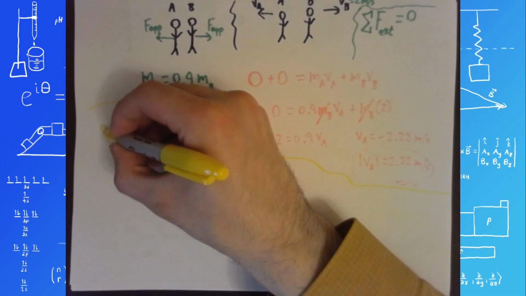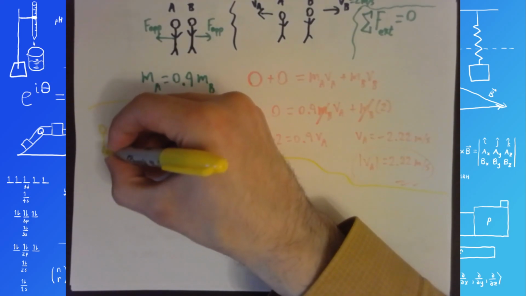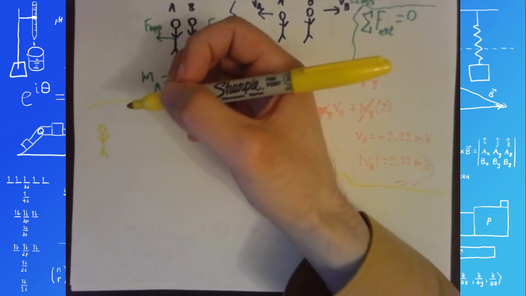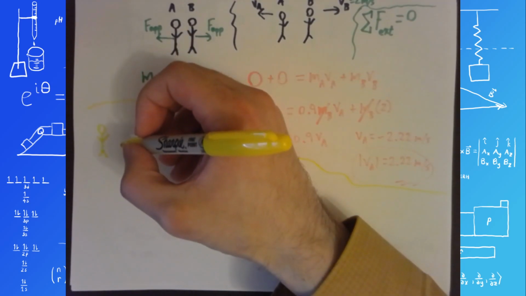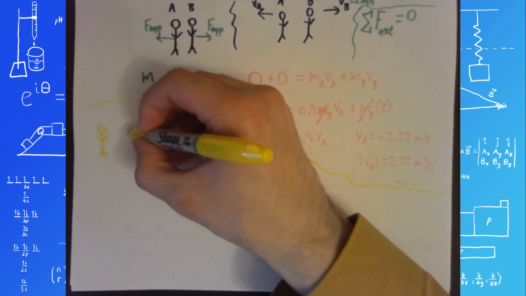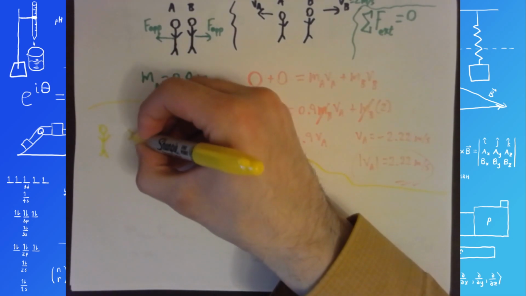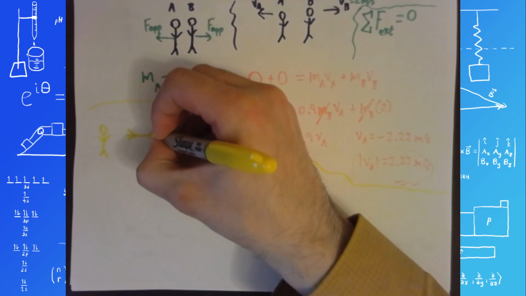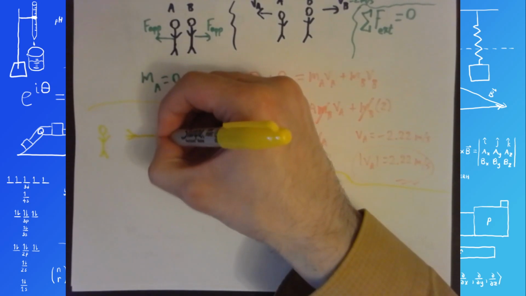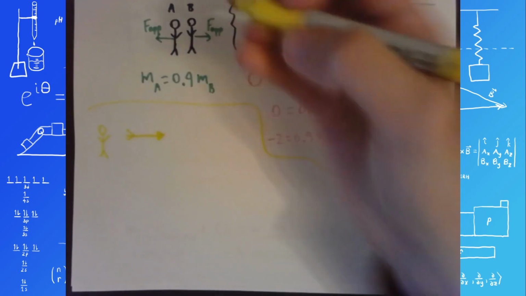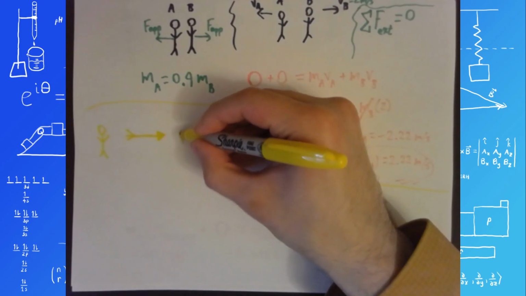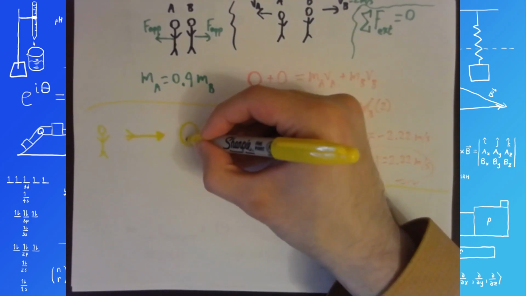So the archer isn't really a part of this collision, which is probably why they did not mention her mass. The arrow is moving towards the target, and the target is also moving towards the arrow.